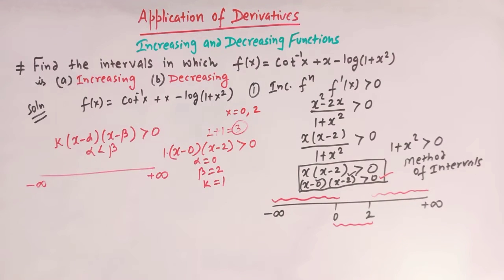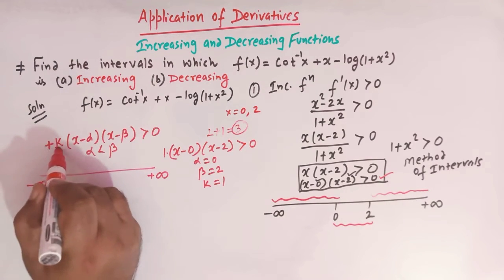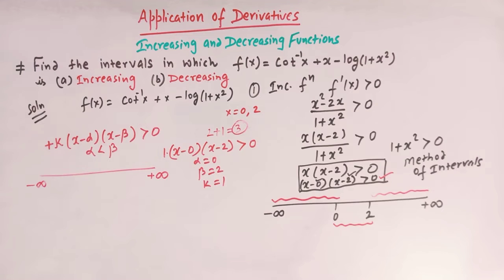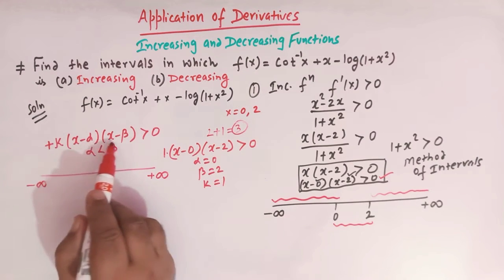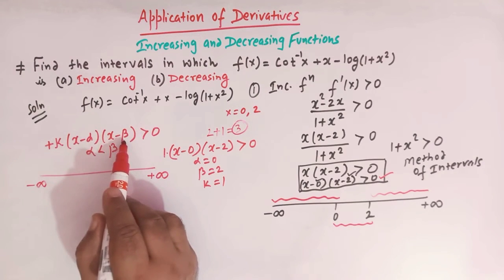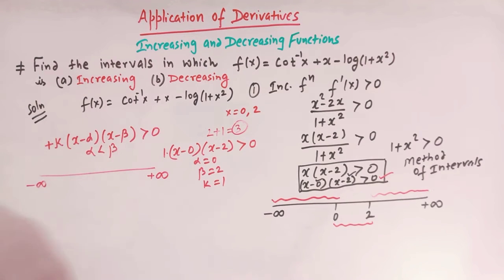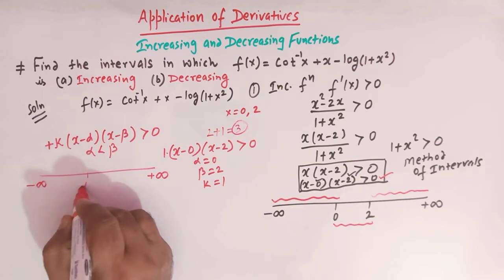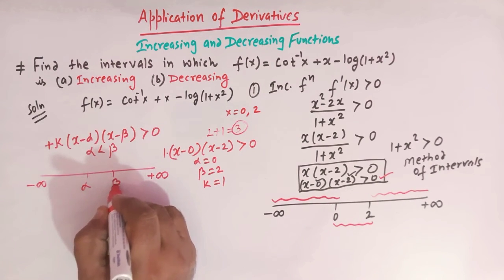Now here we see that we have a positive value of k. So when we have a positive value of k and the expression in the form k times x minus alpha, x minus beta greater than 0, and alpha is less than beta, we plot the points alpha and beta on the real number line.